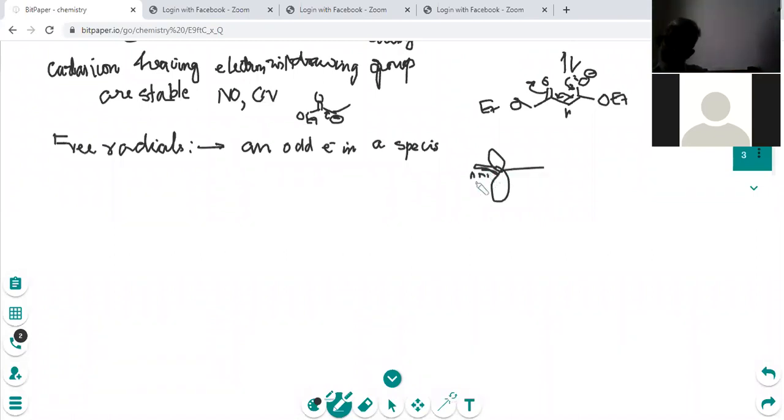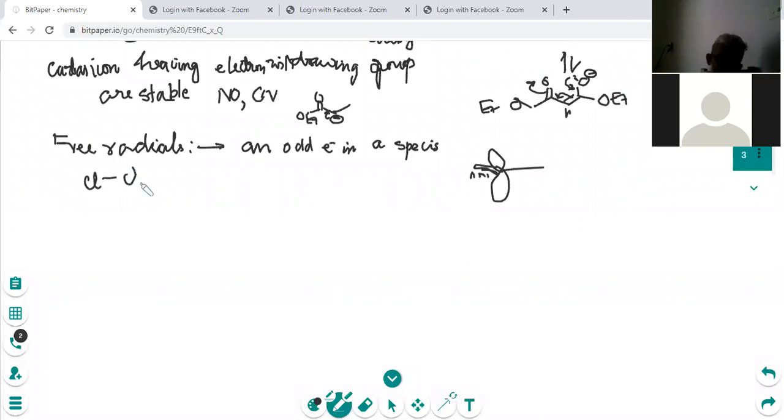Nearly it is sp2 hybridization. And the free radicals are formed by homolytic bond fission.